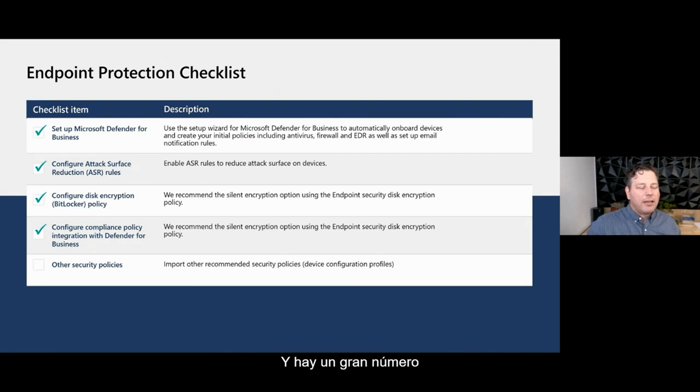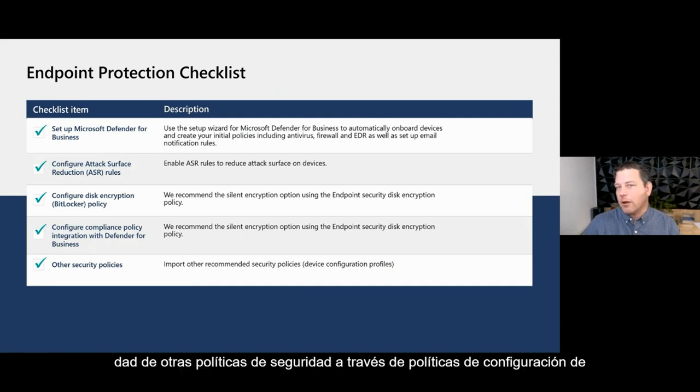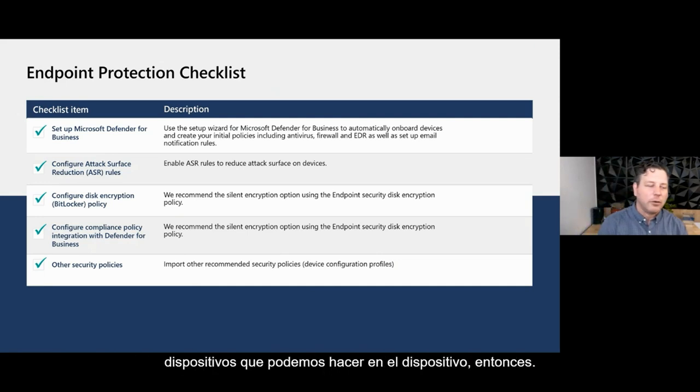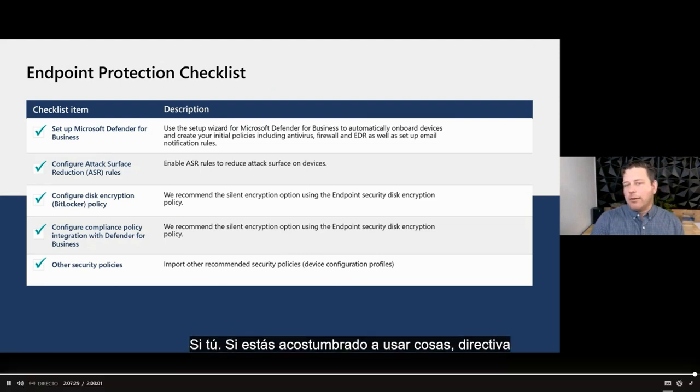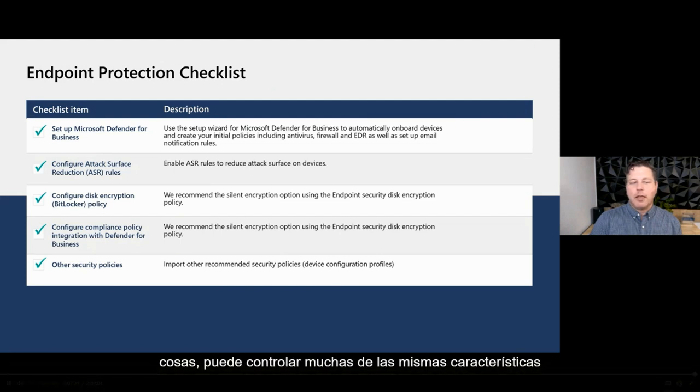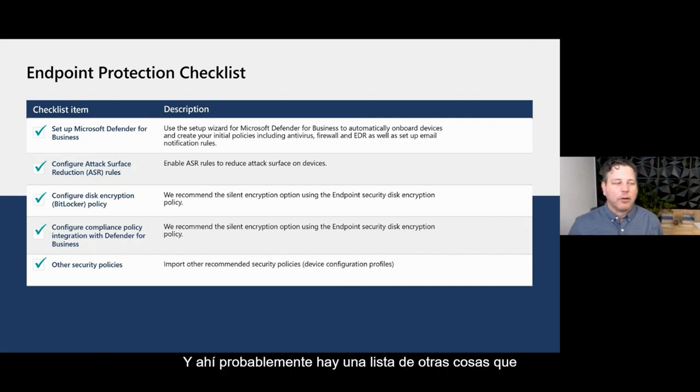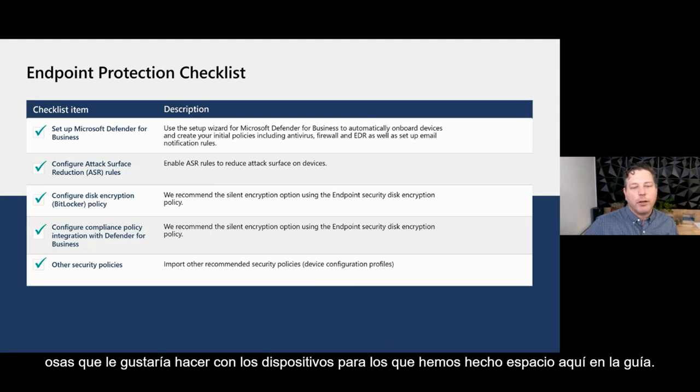And there's a vast number of other security policies through device configuration policies that we can do on the device. So if you're used to using things like group policy, you can control many of the same features of operating systems using Endpoint Manager. And so there's probably a list of other things you'd like to do with the devices that we've made room for here in the guide.